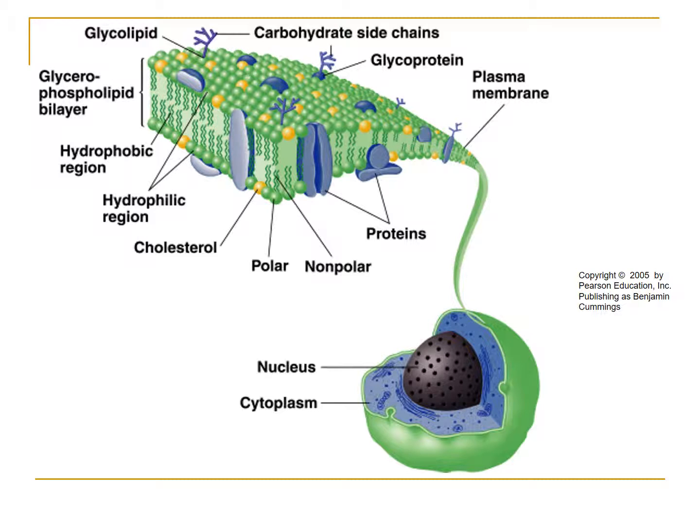Now, incorporated in with these glycerophospholipids are cholesterols, and so those orange spheres represent an interspersing of cholesterol, and the level of cholesterol in the cell membrane can affect its fluidity, as well as the incorporation of unsaturated fatty acids in the cell membrane.